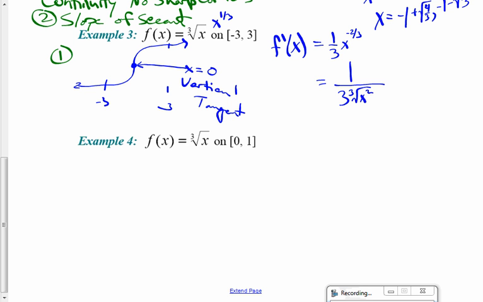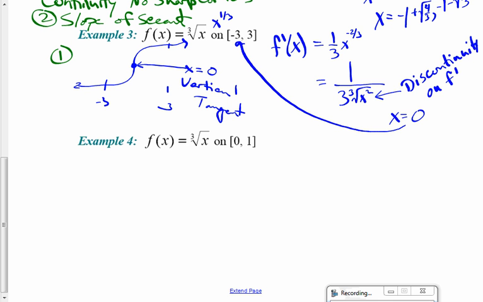squared. As soon as we have a variable in our denominator, we know that there is a discontinuity on f prime. And that discontinuity occurs at x equals 0. And since x equals 0 is on the interval we're talking about, we are not guaranteed a point that has the same slope as the secant.